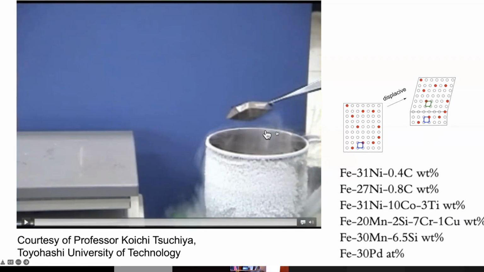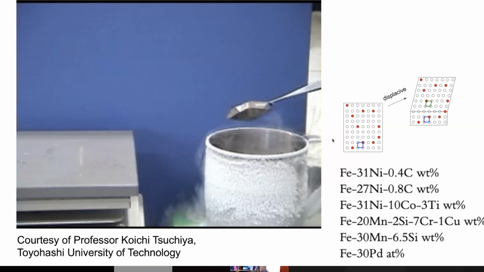But in this shape memory material, you have a polycrystalline array of martensite plates, which when you reverse and allow the transformation to go in the forward direction, also causes a macroscopic shape change. And you can get shape memory alloys in the iron system.